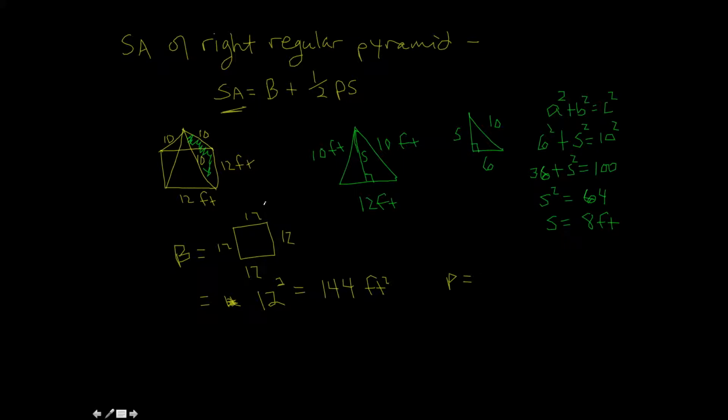So you're doing really 12 times 4, or 12 plus 12 plus 12 plus 12, which would give us a perimeter here of 48.